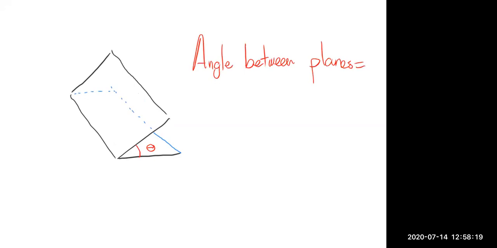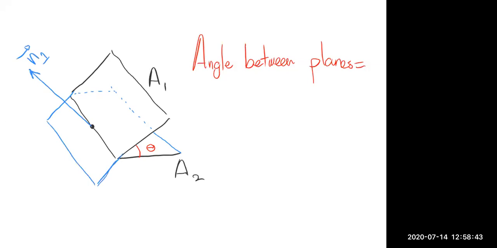Let's look at their normal vectors. Let's call the planes A1 and A2. The normal vector to A1 is something like this. Let's show it with N1, right? This is the normal. If I continue this plane to see it better, that would be something like that.